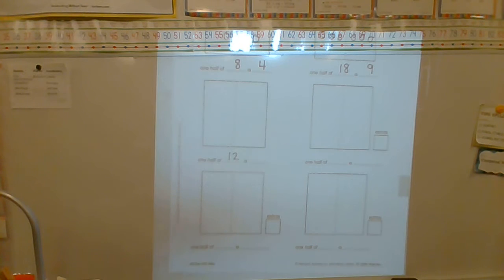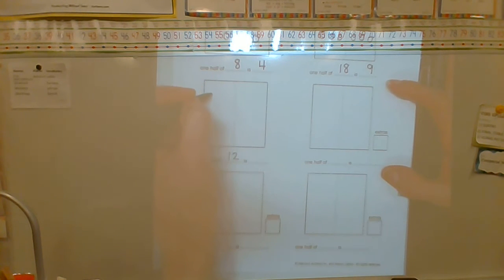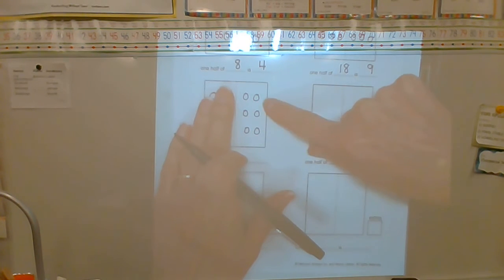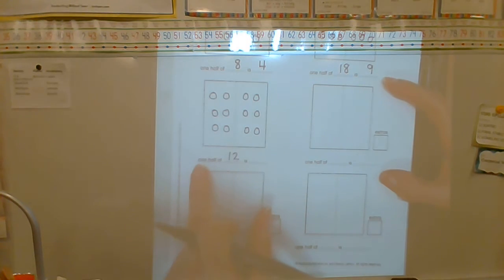That's right, you should have thought about 6 plus 6. And if I cover up half, what is half of 12? Well, it's 6. So I can write 1/2 of 12 is 6.